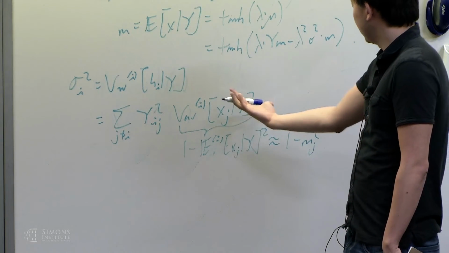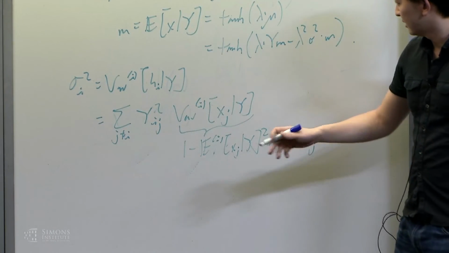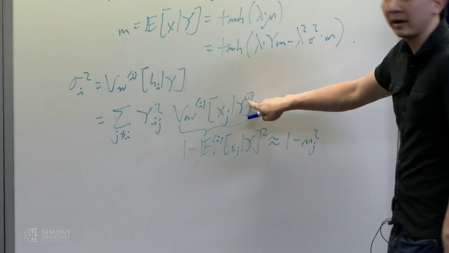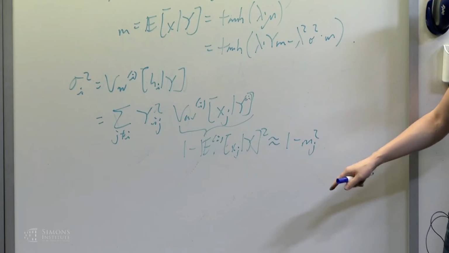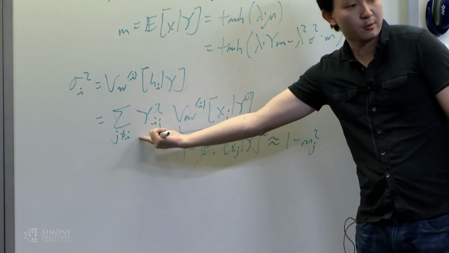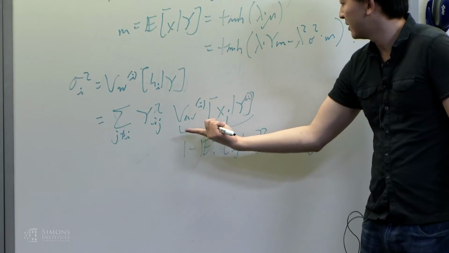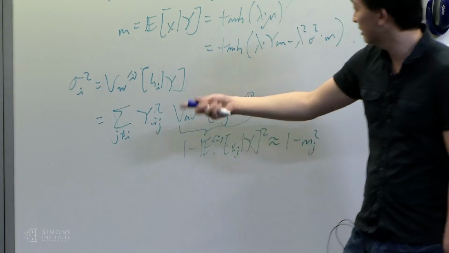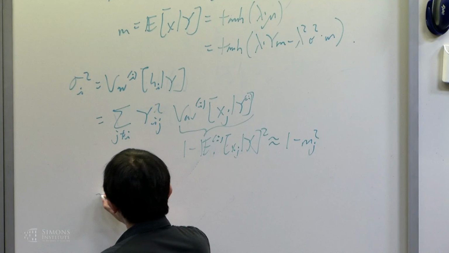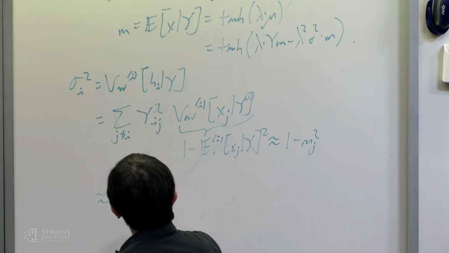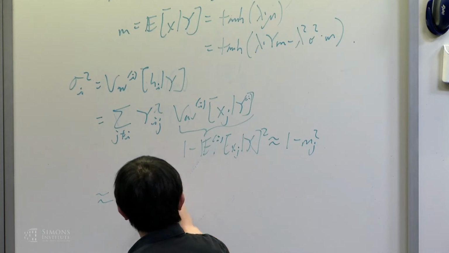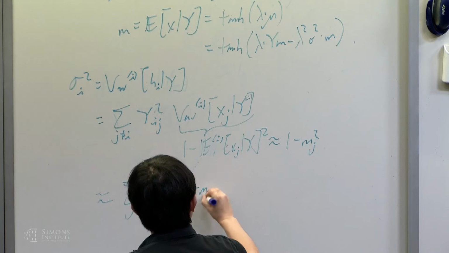And finally, the last observation is that this variance of xj given y, this is really given yi, the minor with row I and column I removed. It's independent of the ith row of y. And so because of this independence, when we look at the sum, we expect some kind of a law of large numbers phenomenon to kick in, where this is approximately, for large n, the sum over j of the expectation of yij squared, which is roughly 1 over n times 1 minus mj squared.